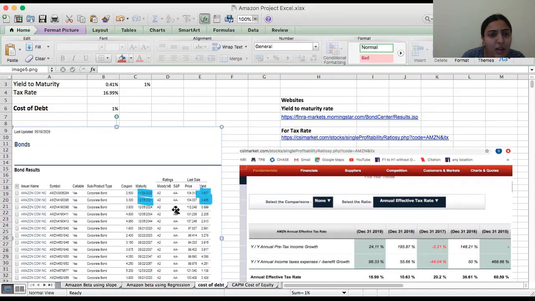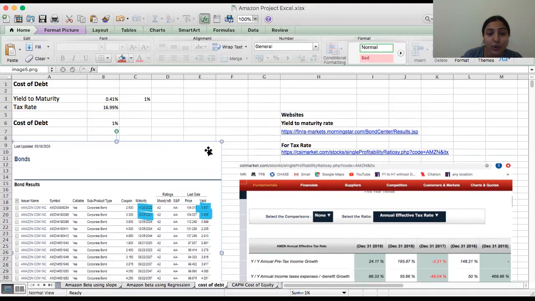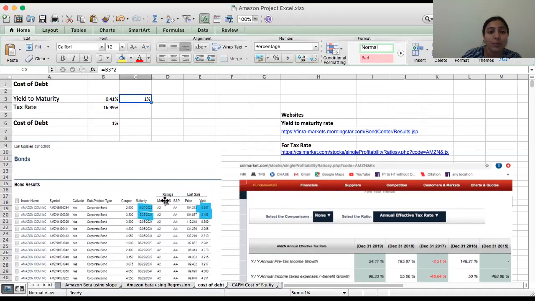For the bonds, there is a website called finra-markets.morningstar.com. Here you have to write your company's name and you will get these bond results. This is the yield to maturity, and then I multiplied it by 2 because of the similarity of the 2 years.